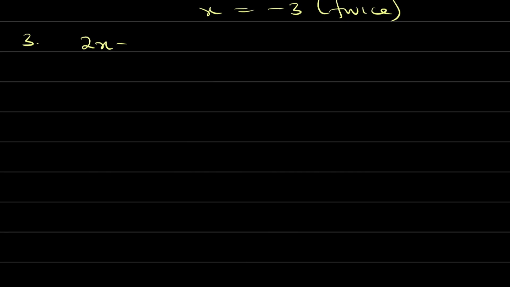The third question says 2x minus 5 is less than 3x plus 2. What type of equation is this question number 3, and how do we solve for x?